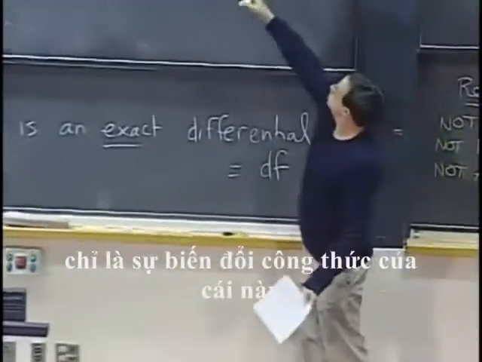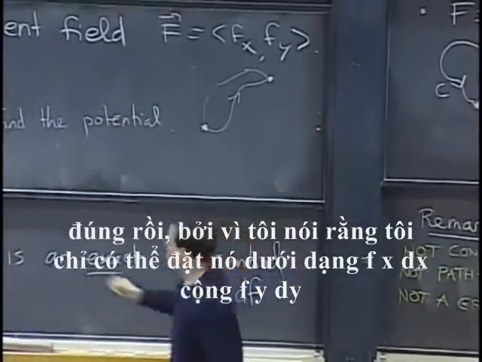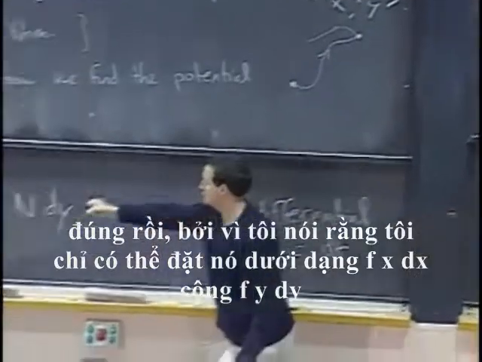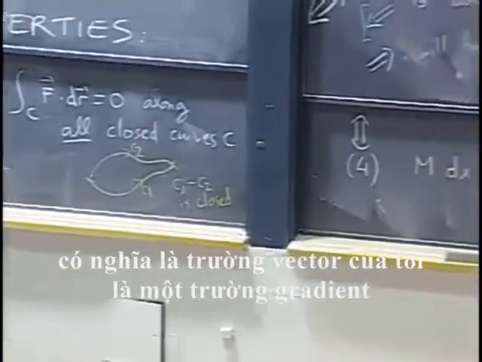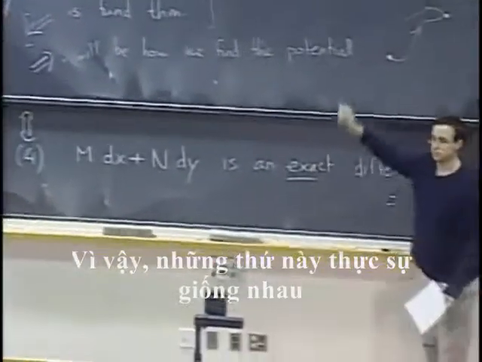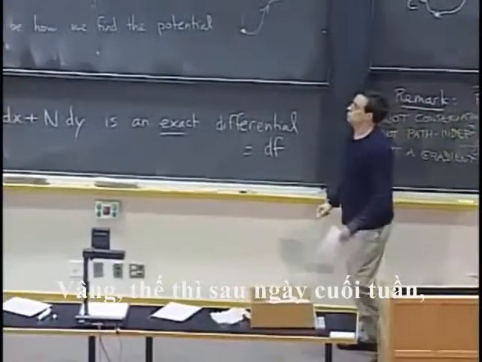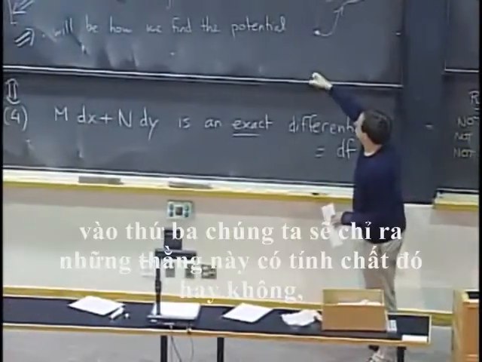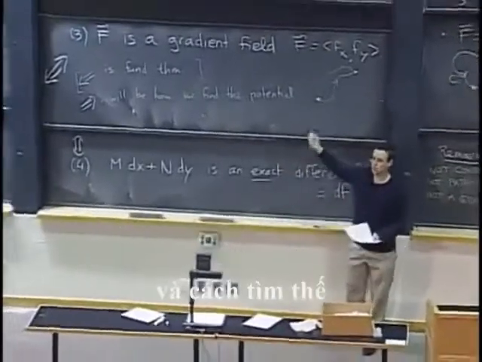And I'm just reformulating this thing, right? Because I'm saying I can put it in the form f sub x dx plus f sub y dy, which means my vector field was a gradient field. So these things are really the same. Okay, so after the weekend, on Tuesday, we'll actually figure out how to decide whether these things hold or not and how to find the potential.